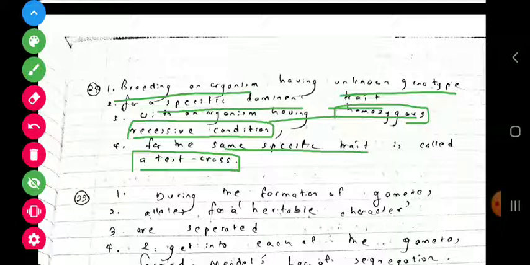I'll show you a cross, then you can understand this better. Let's say we have a tall tree and you told your friend that this is purely dominant and you have done experiments and you know it's a dominant plant, purely tall. Now this is our tree.